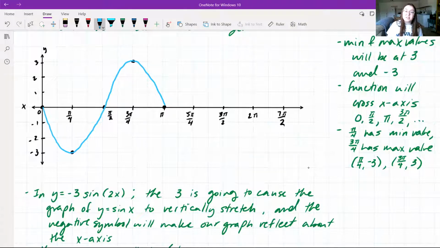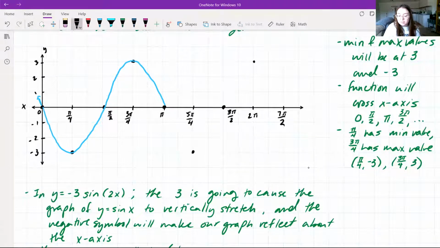And our graph just continues. We see our graph would continue in that direction as well, but we don't have to continue in that direction. But we can just plot the rest of our points. So our next value, 5 pi over 4, that's going to have the minimum value of -3. And then our function will cross the x-axis at 3 pi over 2. We'll move that out of the way a little bit.